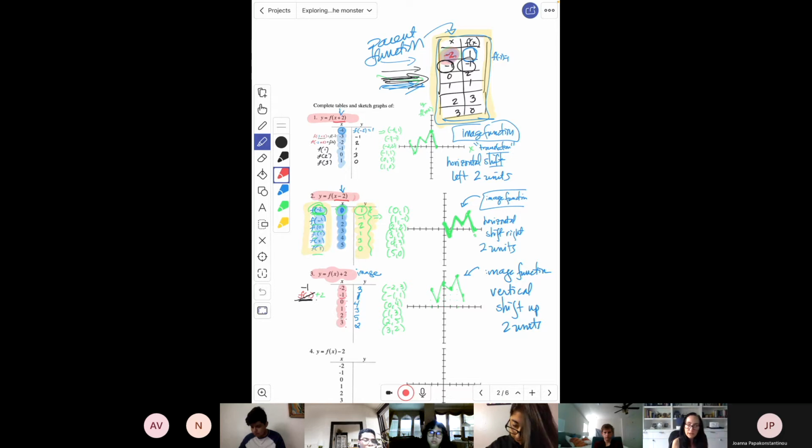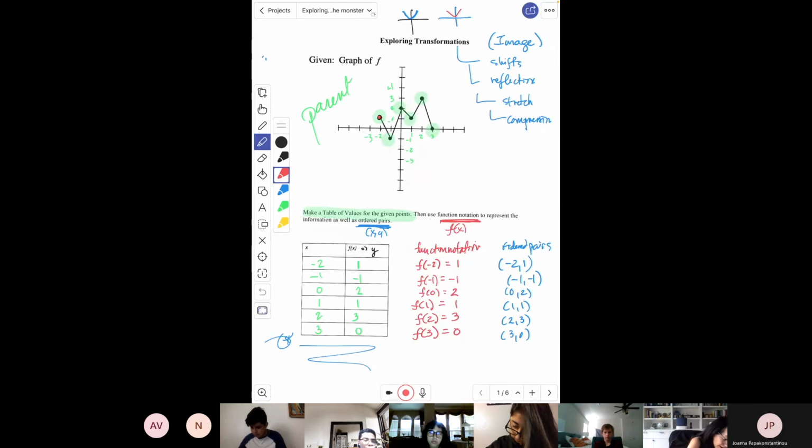If you can recognize the transformation, you could go back to this graph and say, okay, I'm taking this point and I'm moving it up 2. I'm taking this point, I'm moving it up 2, and so on for each point.